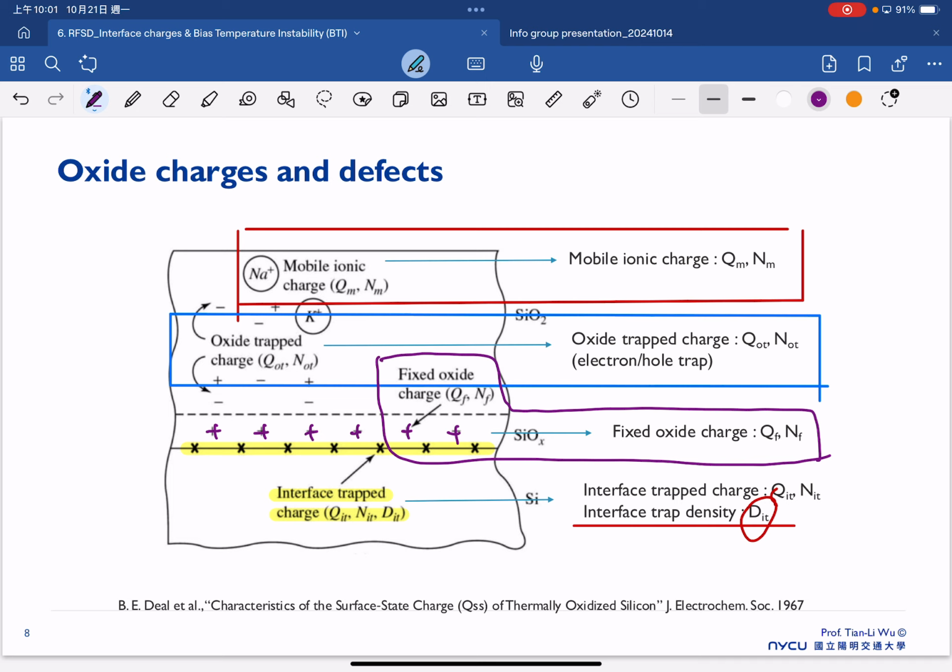One interesting thing to know is that this was proposed in 1967, which is even older than me. But nowadays, this basic understanding of these four charges existing in semiconductor dielectrics is still quite true.